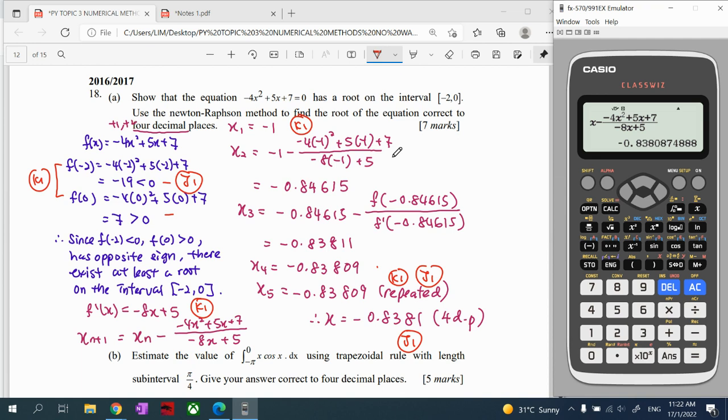Okay, so we are going to check our answer, to see whether we have that confidence. So we are going to type it back: negative 4 alpha x squared plus 5 alpha x.